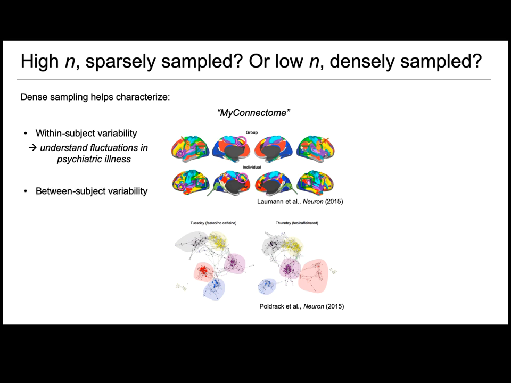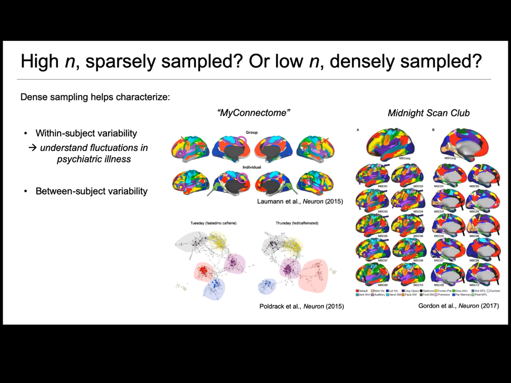And then even if we don't necessarily have a lot of subjects, if we have more than one, so this project of Russ's actually inspired another project that was done down at WashU called the Midnight Scan Club. And this time they had 10 individuals that they were densely sampling, and they found a very similar thing. So up here are the group parcellation maps, and then each of these 10 brains is a different individual in this data set.